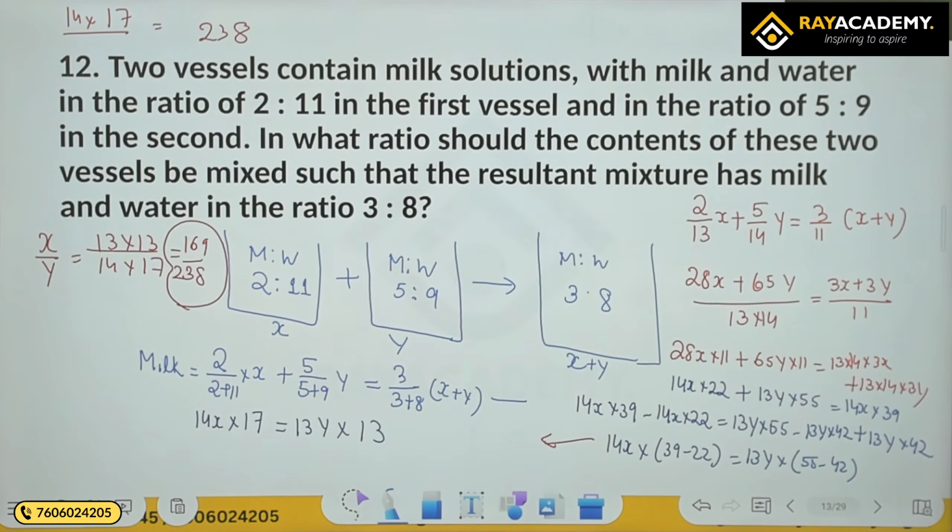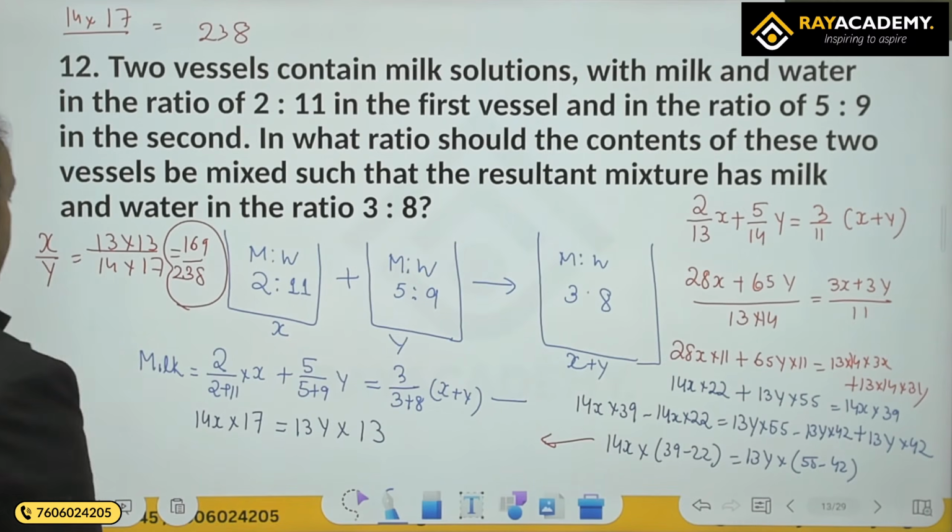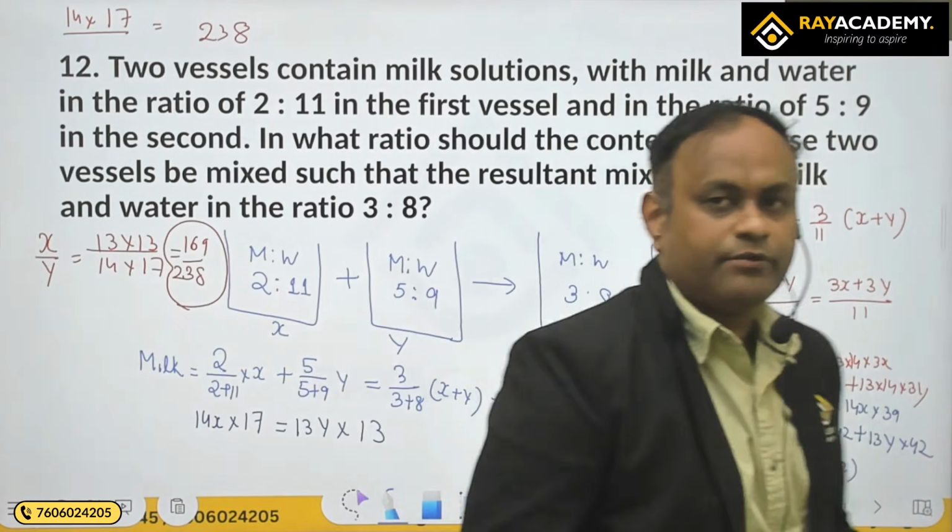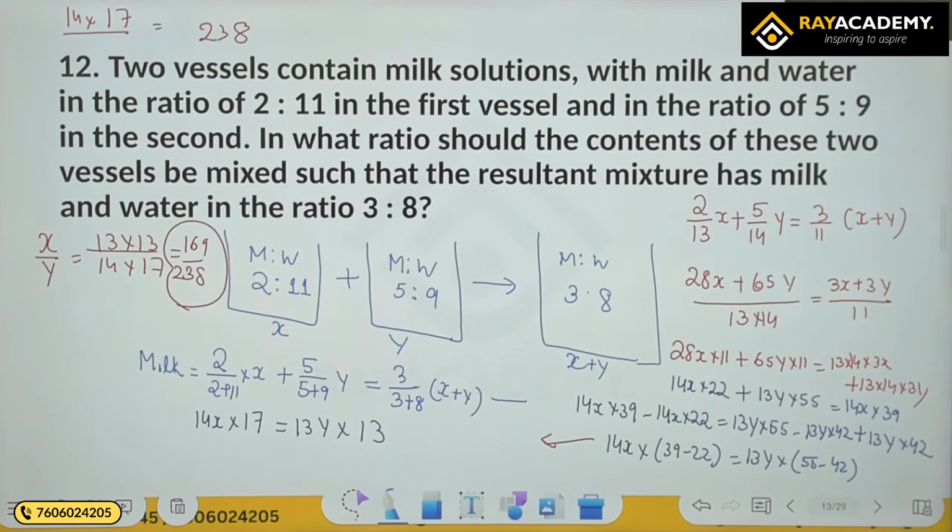So to start with, again I explain: we have two containers, the first with milk and water ratio 2:11, another container with milk and water ratio 5:9. Final mixture milk and water ratio is 3:8.